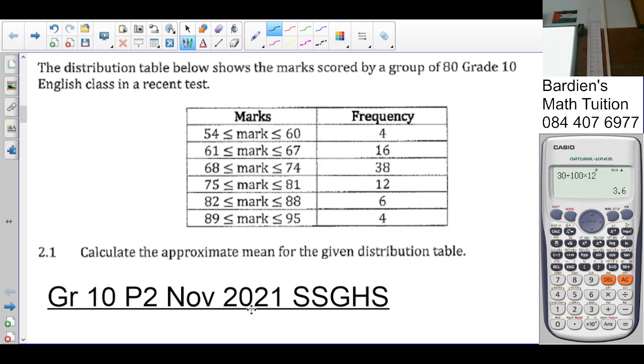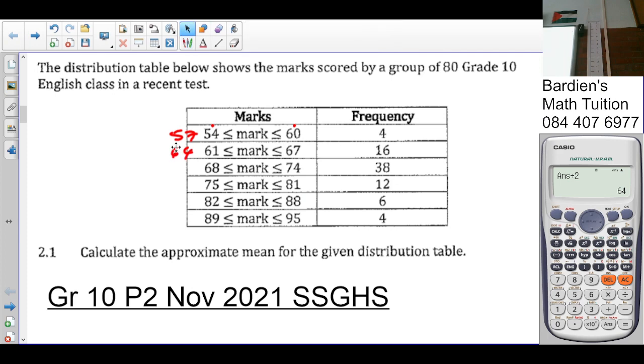To work out the approximate mean, I actually need to know the class midpoints. So 54 plus 60 divided by 2 gives you 57. 61 plus 67 divided by 2 gives you 64.